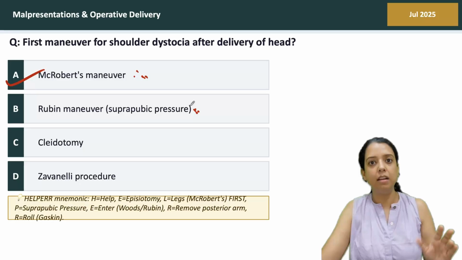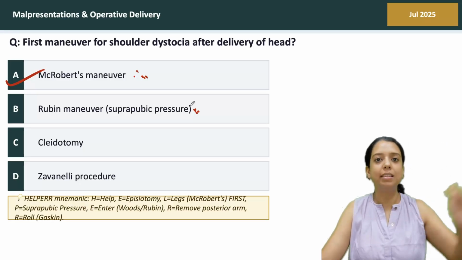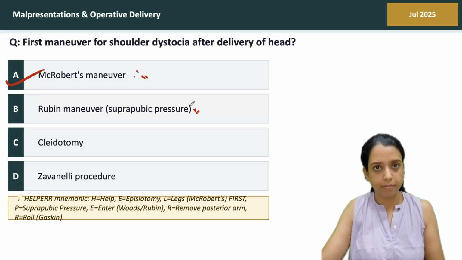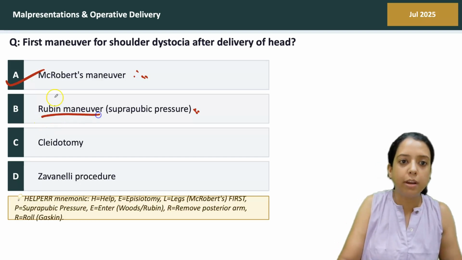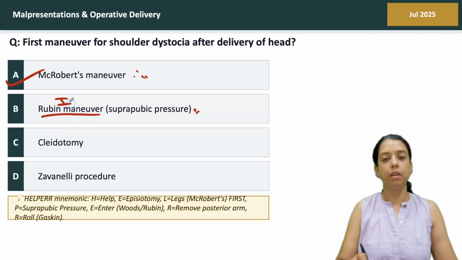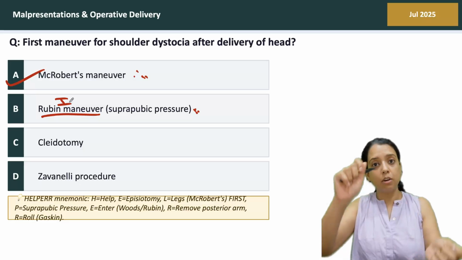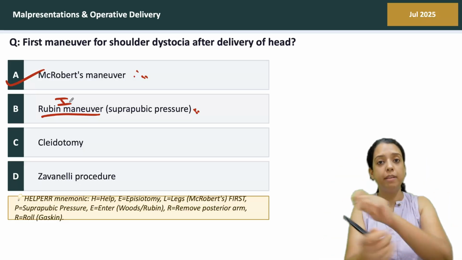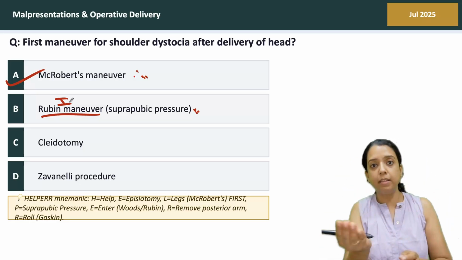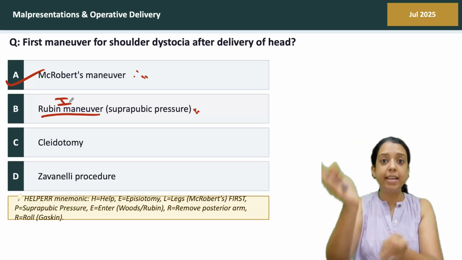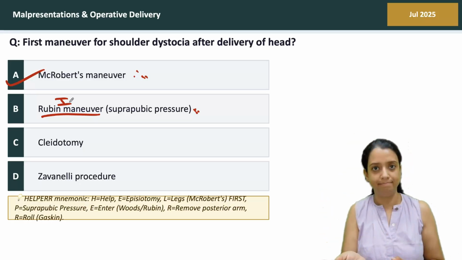Hence, it is decided that when both the options are there, you will choose McRoberts. This is Rubin's one maneuver. Rubin's two is the rotational maneuver, where you rotate the baby to bring the posterior shoulder anteriorly. That is Rubin's two.